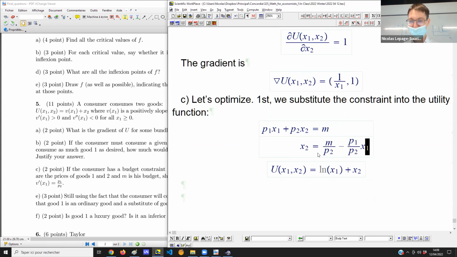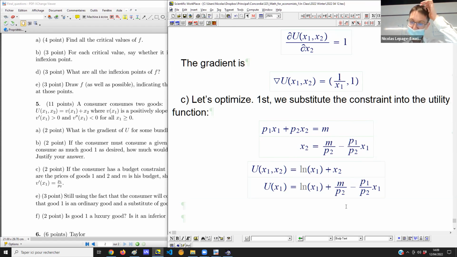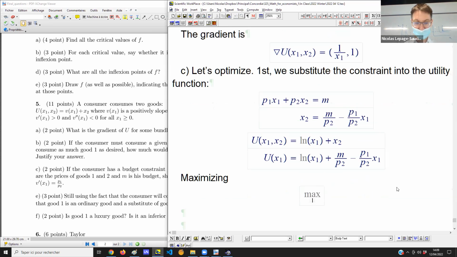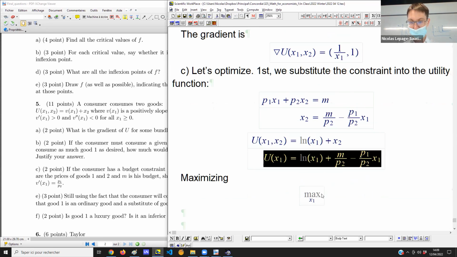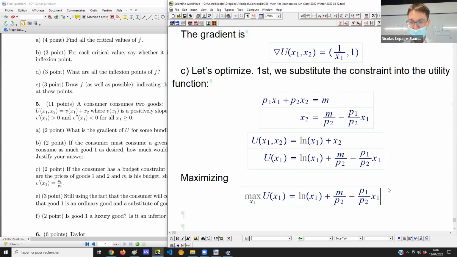Now you have purely x1, which we are maximizing. First order condition.